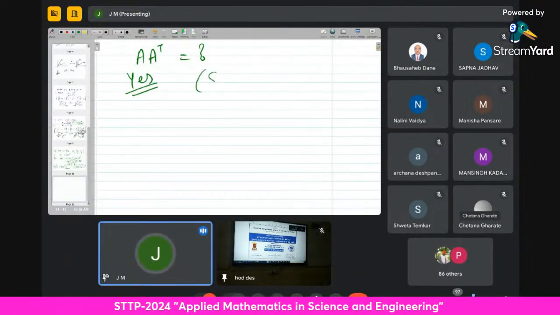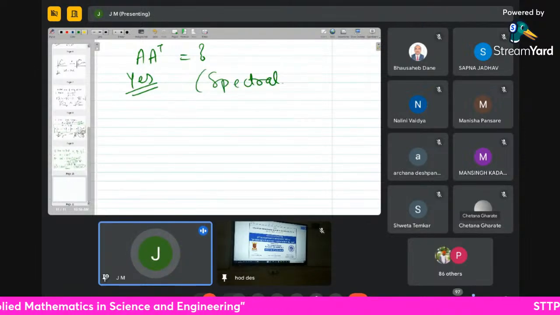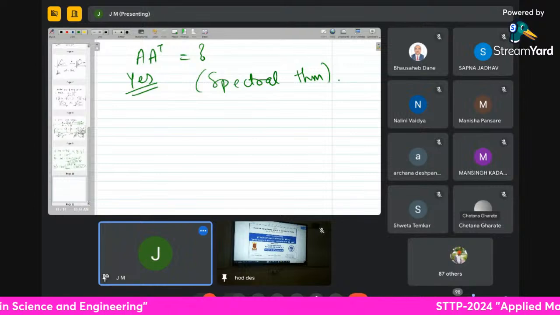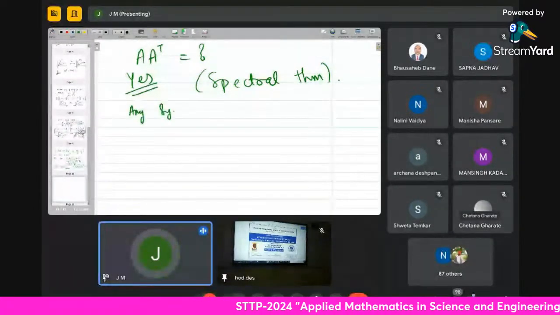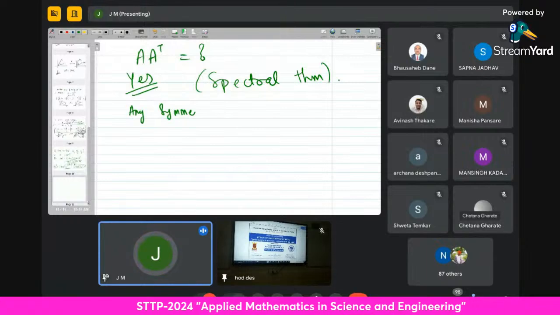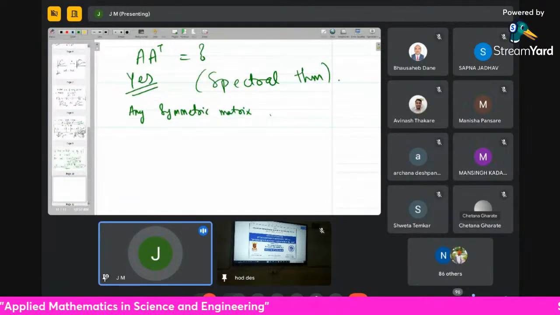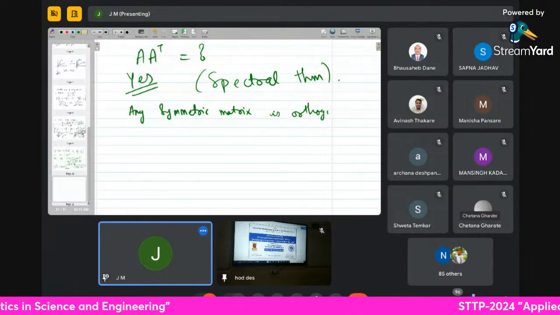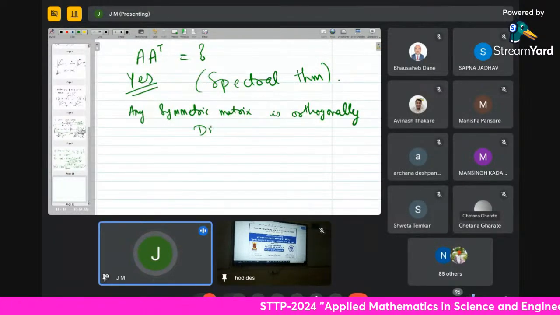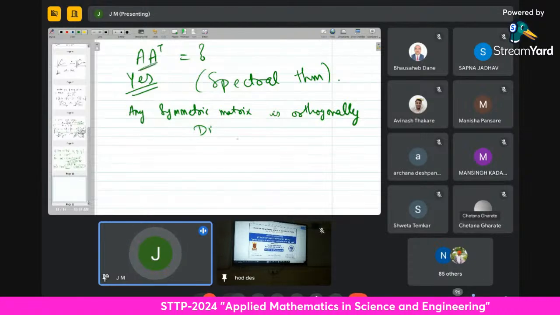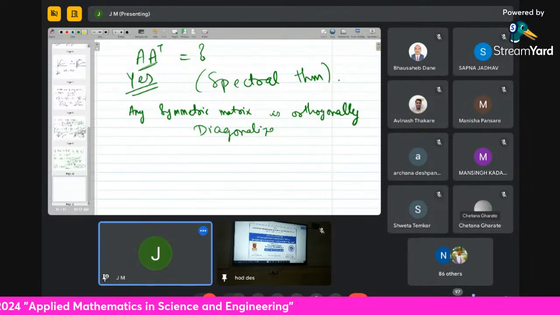The answer is yes. For that, we should be thankful to the spectral theorem. The theorem says any symmetric matrix, or even a positive semi-definite matrix, can be diagonalized, and this is indeed positive semi-definite.